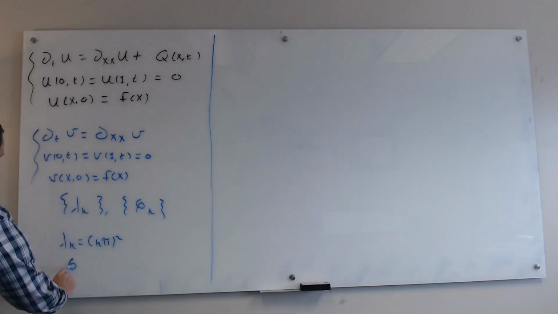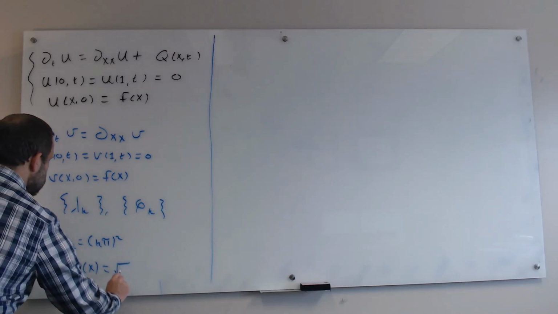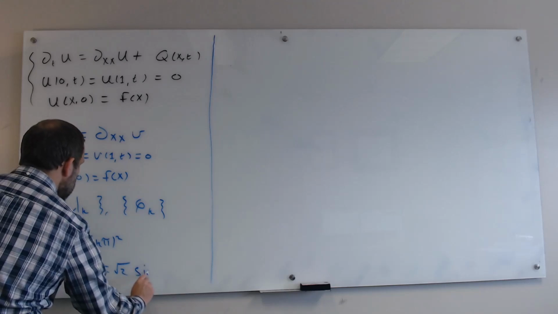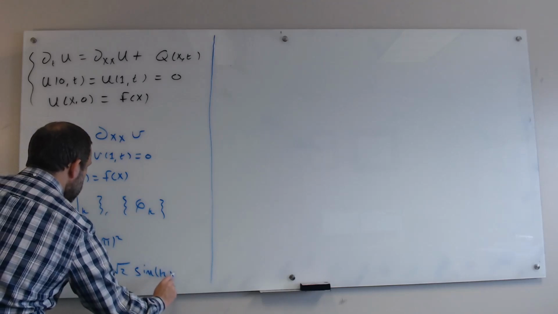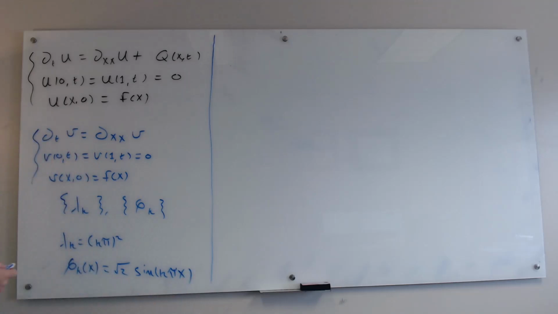But phi k of x is going to be equal to the square root of 2 times sine of k pi x, and that's just so that it's normalized. In other words, if you do the integral of phi k times phi k, you get 1, and if you do the integral of phi k times phi j, you still get 0.